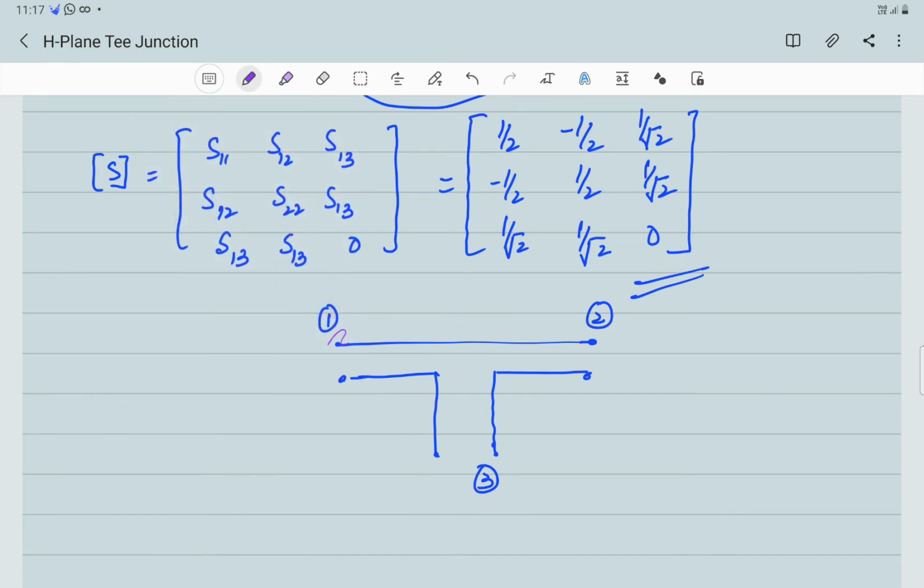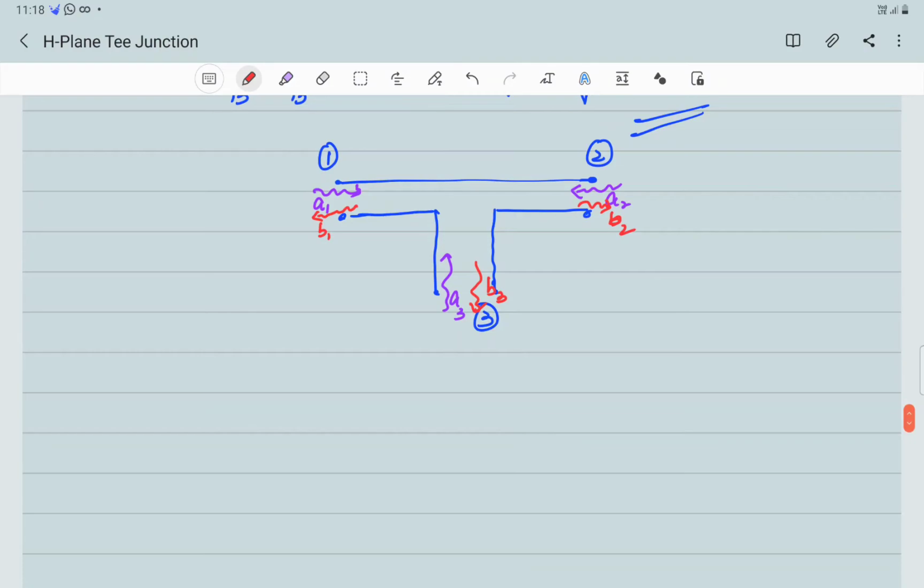For a 3-port network, let us assume A1, A2, A3 are the incident waves at these ports, and B1, B2, B3 are the reflected waves. These incident and reflected waves, as we know, are related to each other by the scattering matrix, the S matrix.